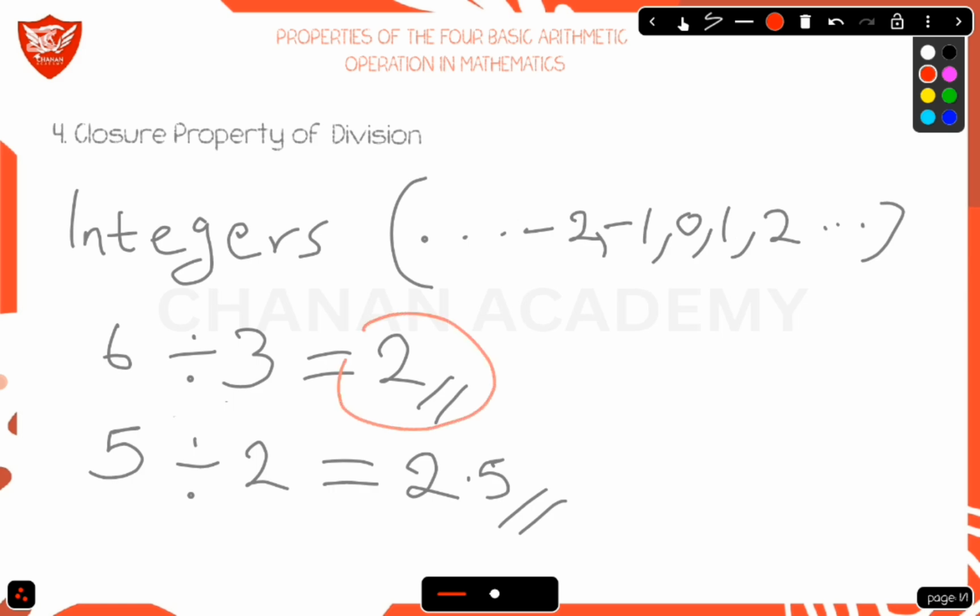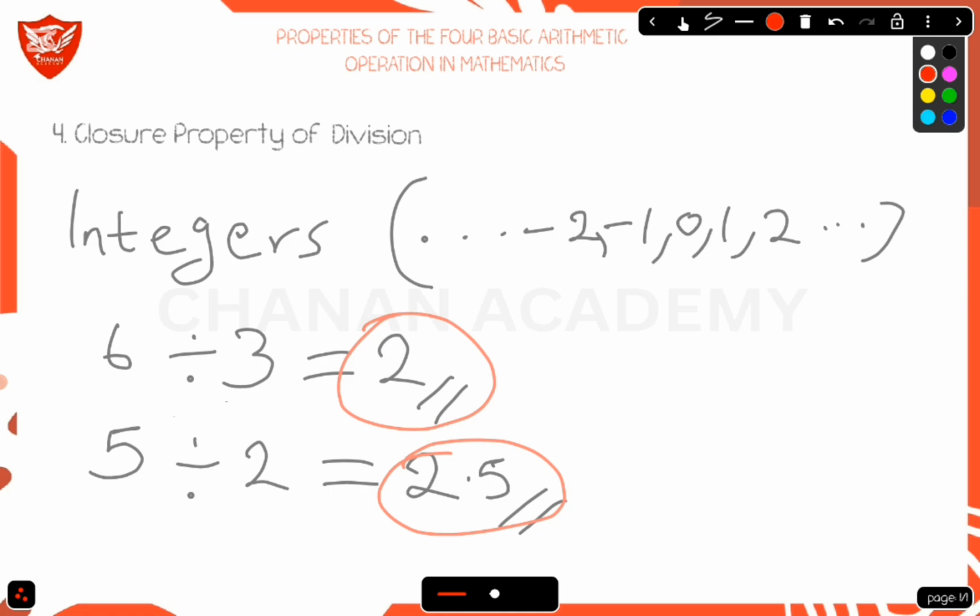So 2 is an integer, 2.5 is not an integer. So we can say that division is not closed, does not have the closure property.